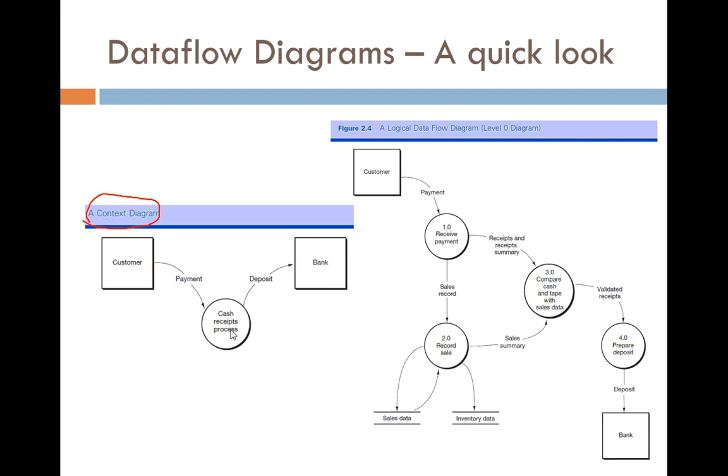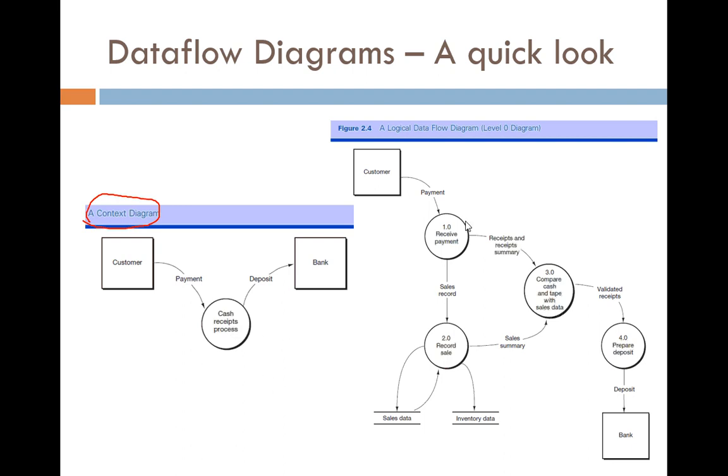And then the context diagram is exploded, it's called, or partitioned, broken into detail at least one level. A context diagram always has a level 0 diagram behind it that says, well, here are the main processes that make up doing that particular process.